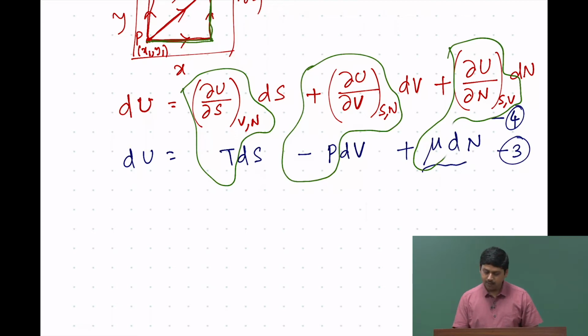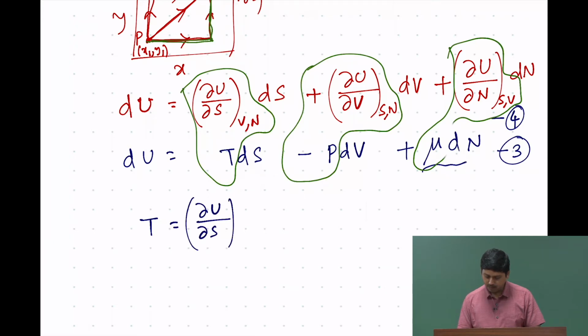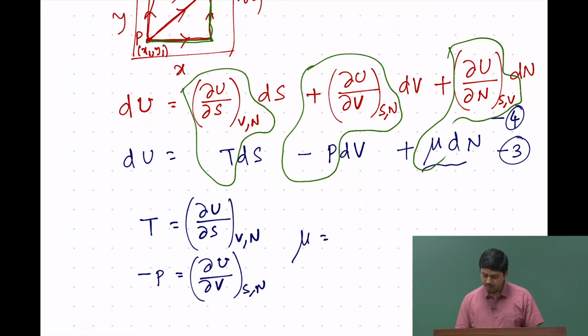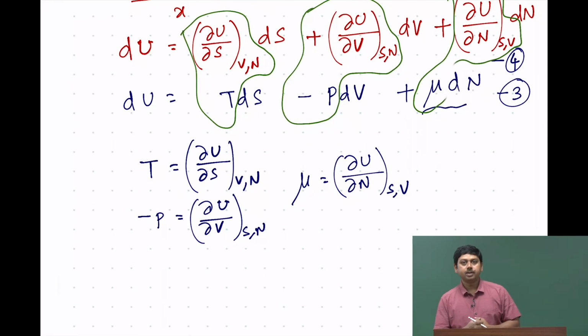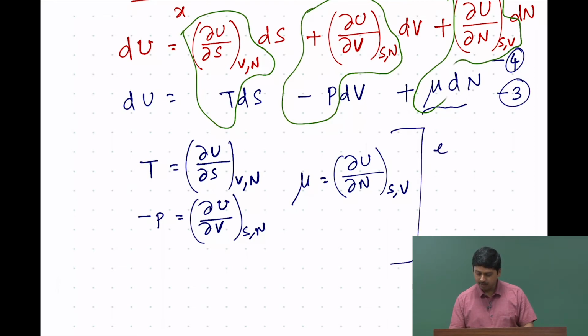So, then we can write that T is nothing but du by ds at constant v and n, and minus P is du by dv at constant s and n, and mu is du by dn at constant s and v. So, you see that we get three different quantities, and all of these things are called equations of state.